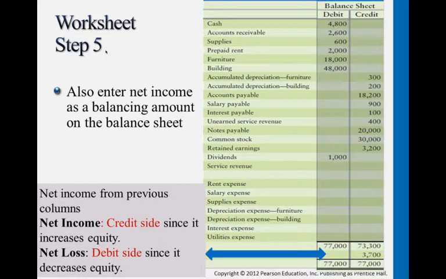The $3,200 is a beginning balance. This is the new income that will add to that. There's also $1,000 that needs to be subtracted. So this is listed here just because there's no statement of retained earnings column. We incorporate this in the balance sheet column because this is part of retained earnings, which is represented in the balance sheet.